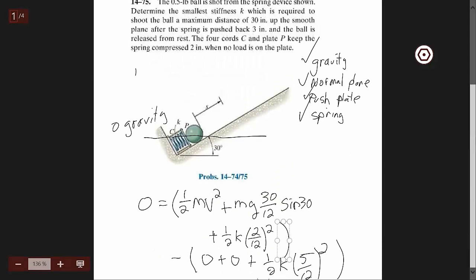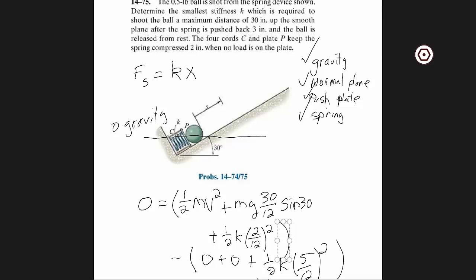How would you do this if I were to ask that? Well, what you need is that the spring force is equal to the spring constant times the deformation. Spring force equals spring constant times deformation. So let me ask you this. What is the initial force on the ball caused by the spring? K times what? The squish. And how much is the squish? 5 inches.